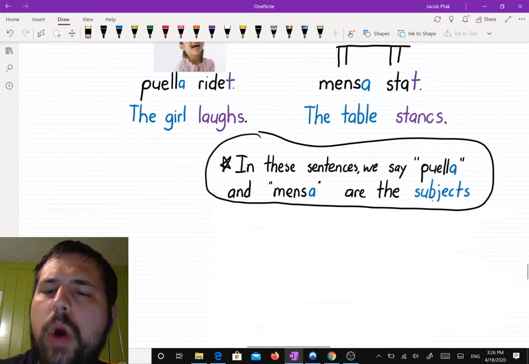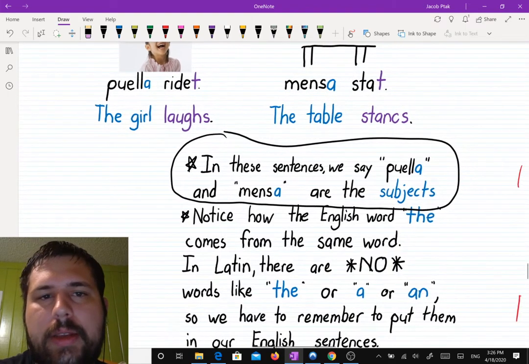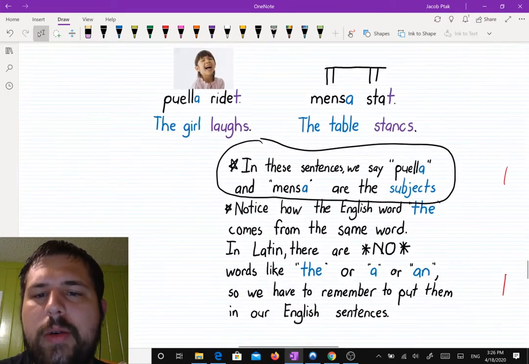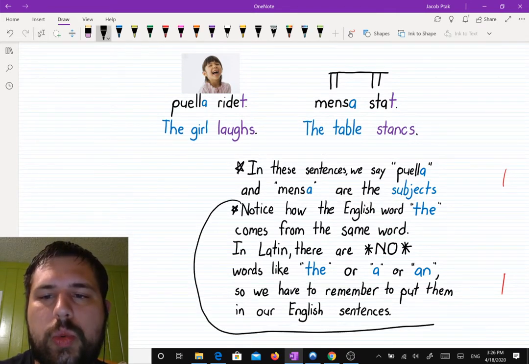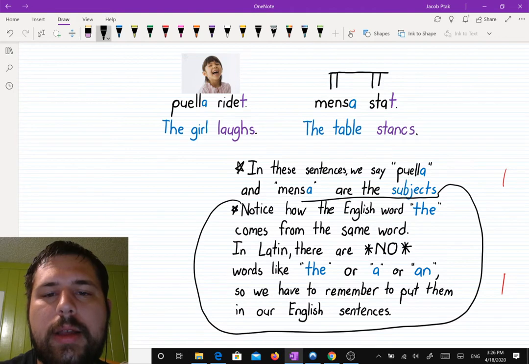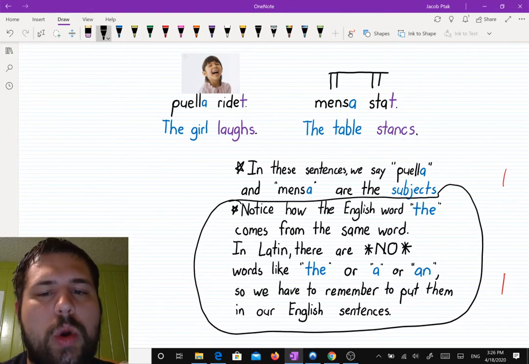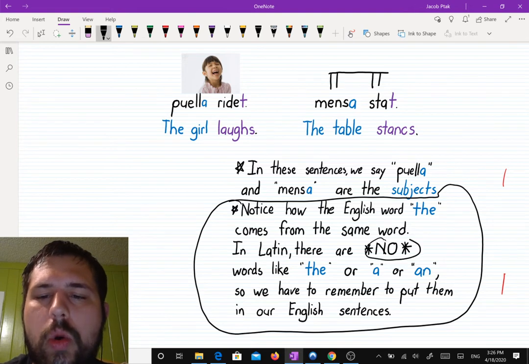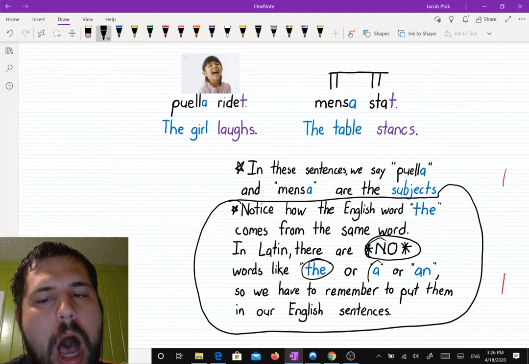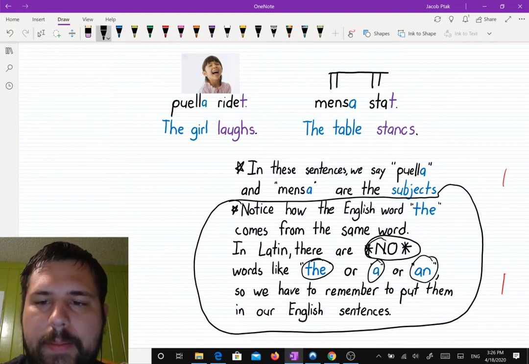Okay. One more thing a little bit different that I'd like you to notice is how in these sentences, notice how the English word the comes from the same word. In Latin, there are no words like the or a or an.